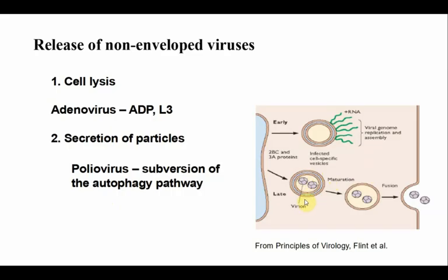Normally this autophagosome would fuse with the lysosome, right? And then everything inside gets destroyed. However, during poliovirus infection, the first steps occur, so you get the autophagosome, but it's diverted to a secretory pathway. So these virus particles that were initially within the cytoplasm get incorporated into a kind of autophagosome, and then they're secreted. And so the particles are released.